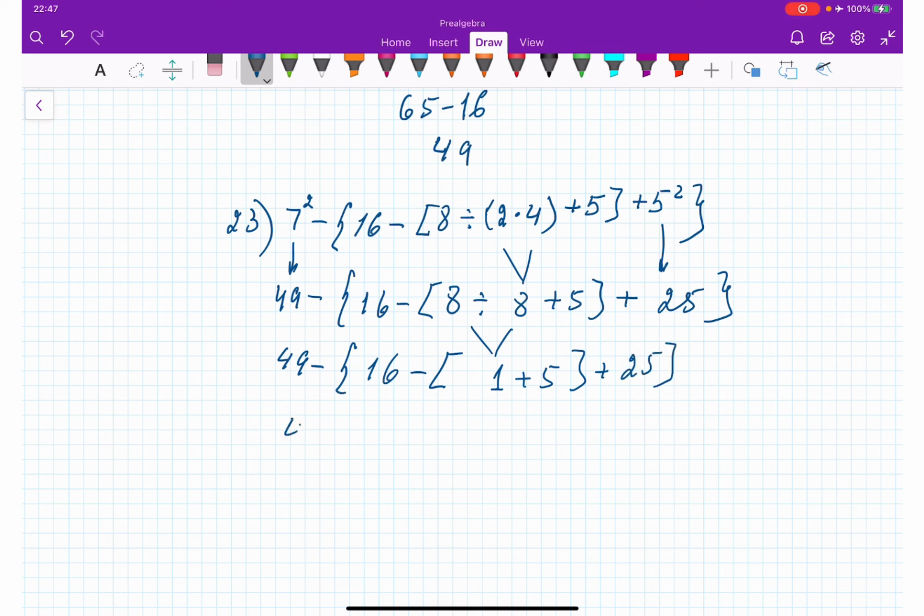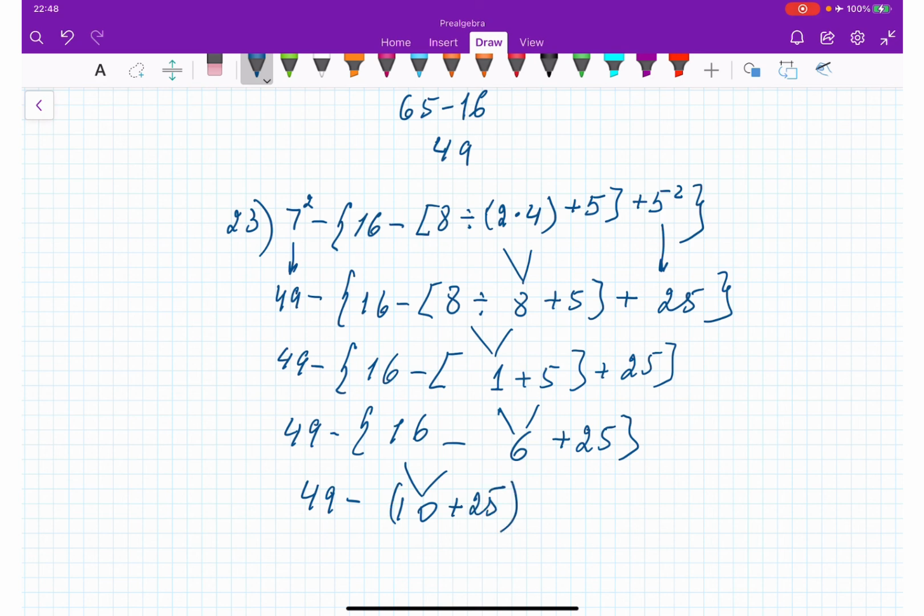Next, 49 minus 16 minus, since inside parentheses 1 and 5, I put here 6, and then plus 25. 49 minus 16 minus 6 is 10 plus 25.